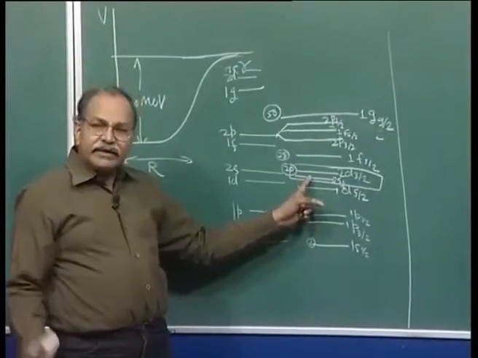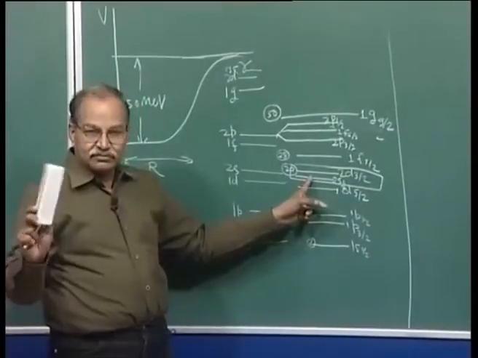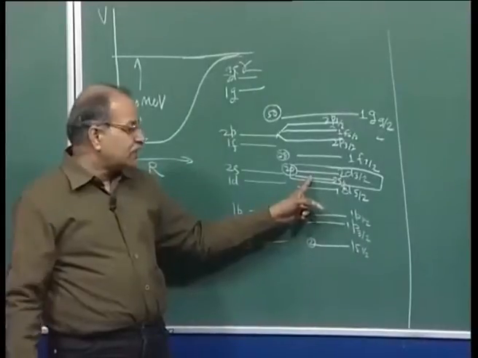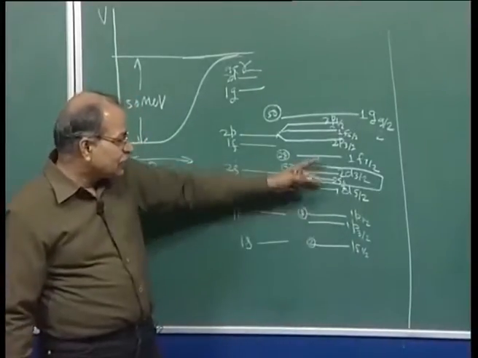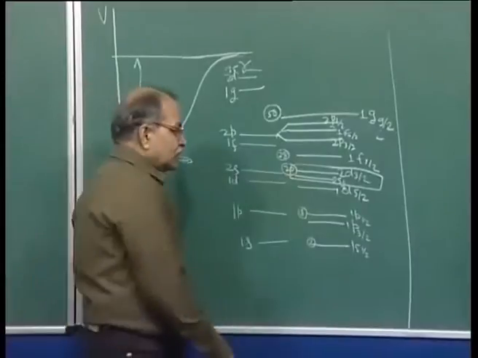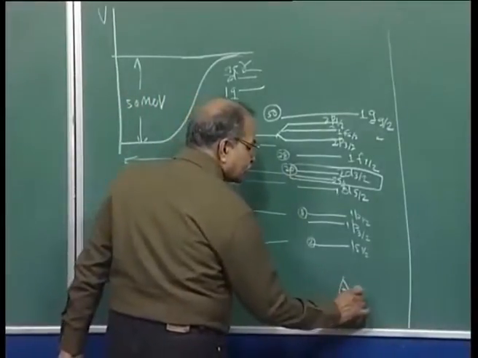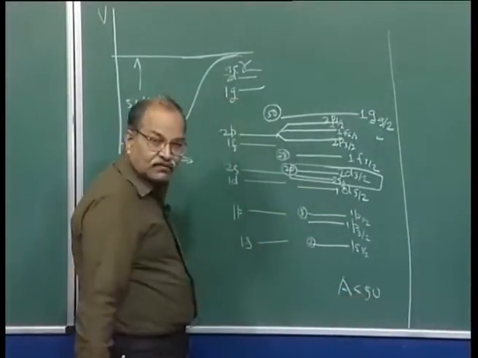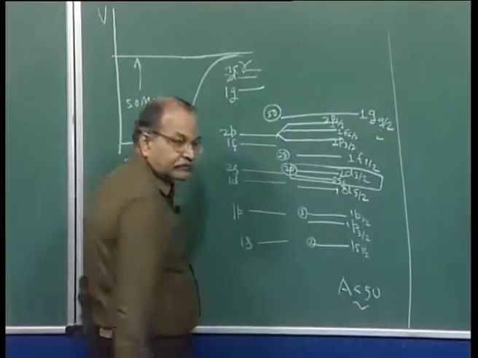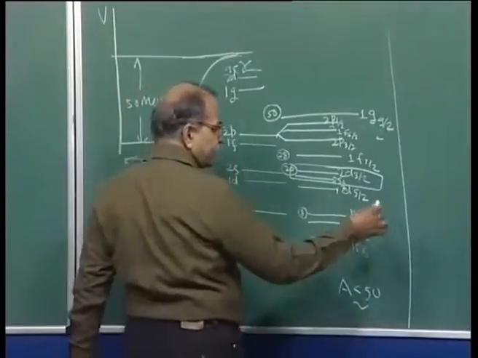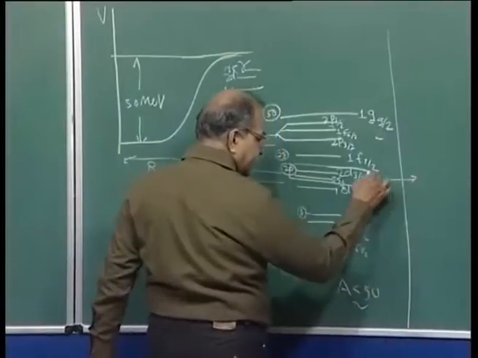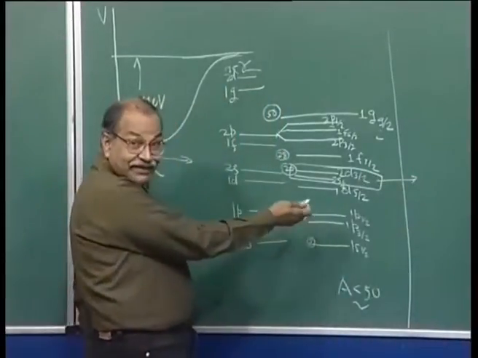Now around capital A equal to 50 or so, this switches. This is for lower values, A less than 50. If A is larger, then all these things, the order will remain the same.